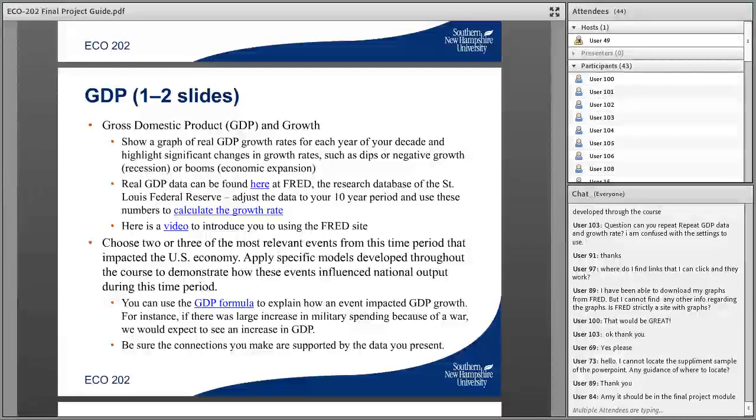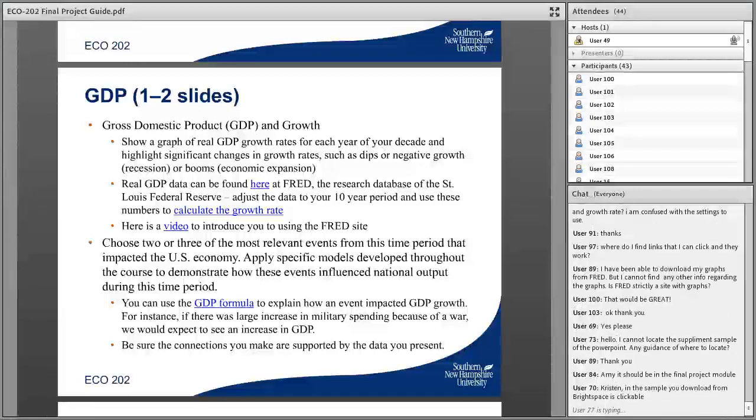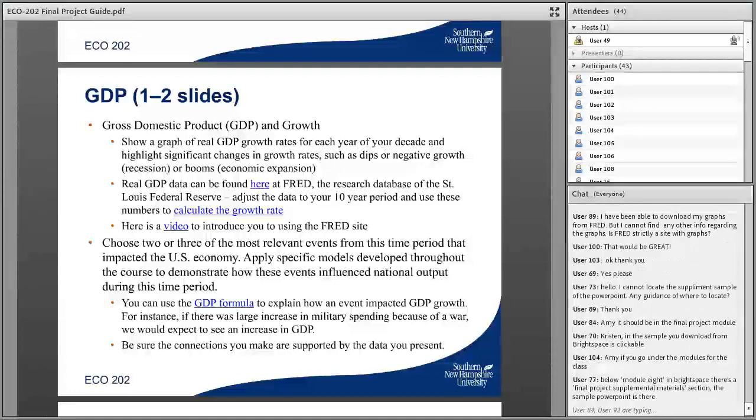The second slide regarding growth and GDP, I said, will identify the events that affected the decade. And as I said, the events need to be historical or current events. They should not be policies. So they should not be fiscal or monetary policies, which you will examine in Milestone 2 and Milestone 3.